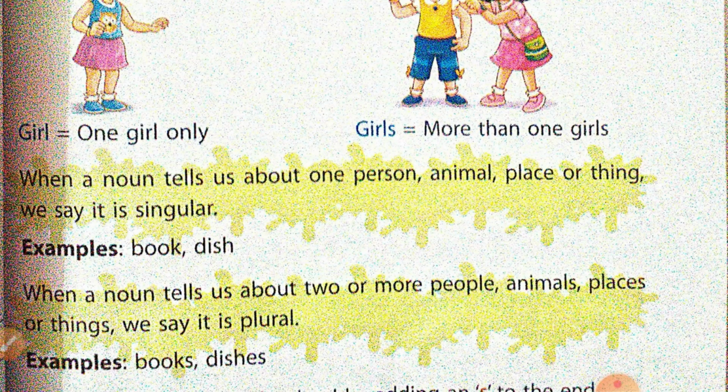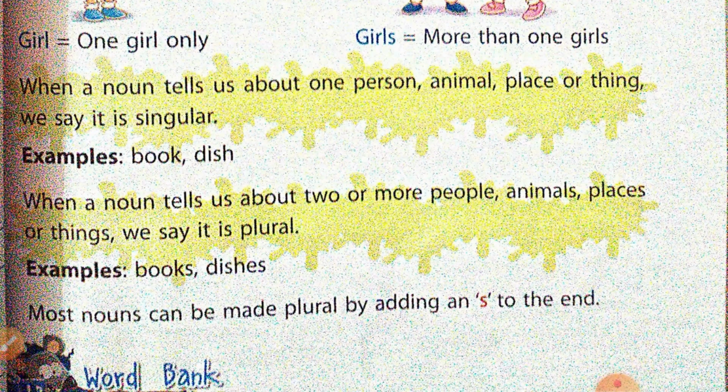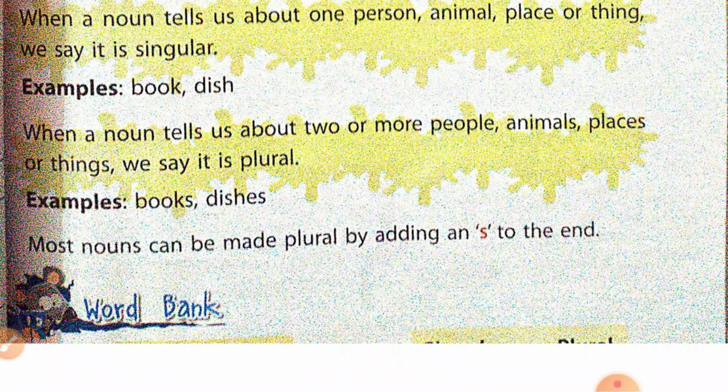When a noun tells us about one person, animal, place or thing, we say it is singular. For example, book, dish. When a noun tells us about two or more people, animals, places or things, we say it is plural. For example, books, dishes.